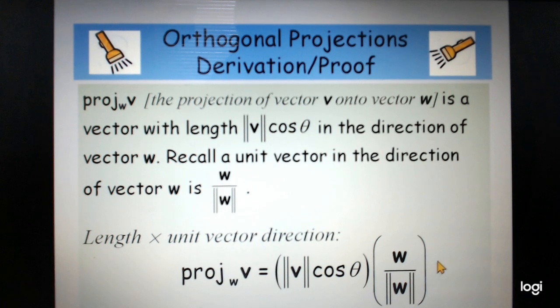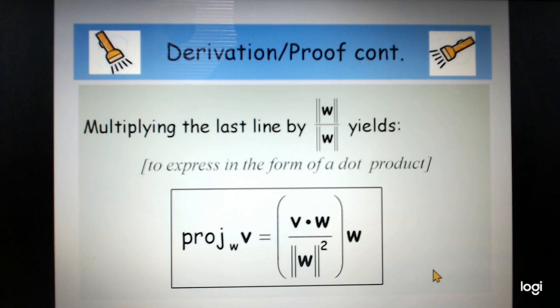So I'm going to multiply this expression top and bottom by the magnitude of w. Multiplying the last line by magnitude of w over magnitude of w, we get this definition for the vector projection of v on w.